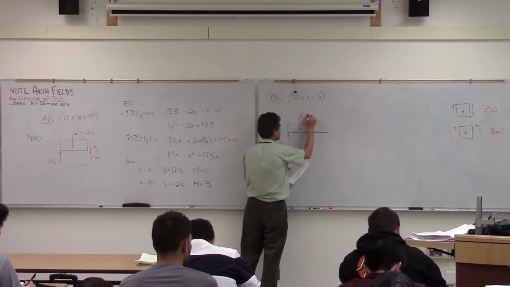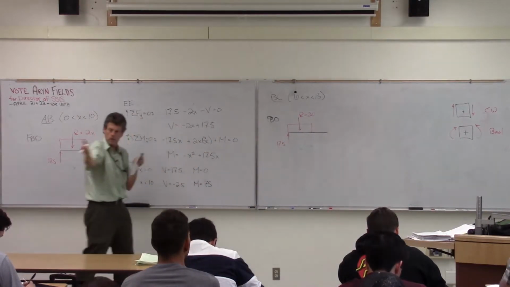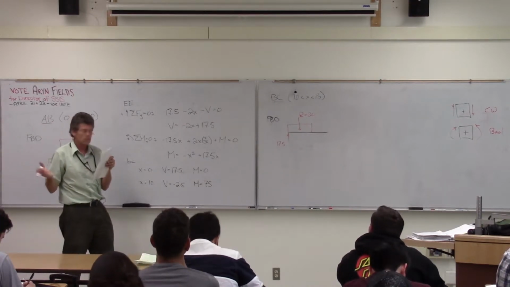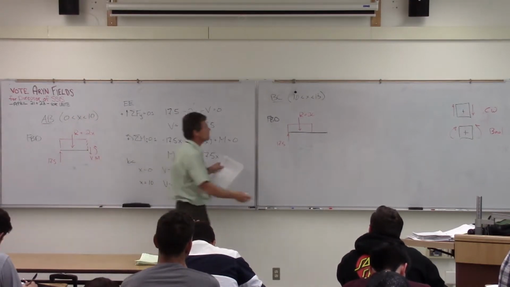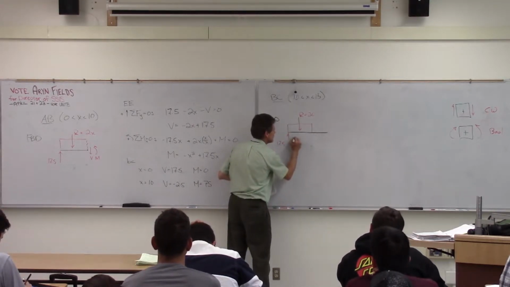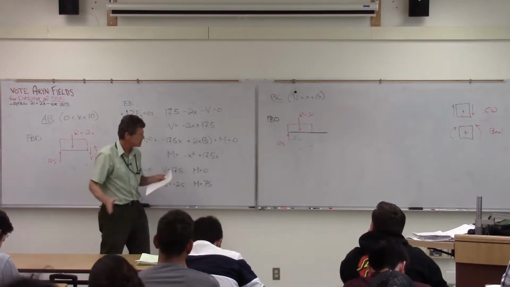That is equal to 20, right? So I've gone past that uniform load there, so R doesn't change anymore. The equivalent load is going to be now 20, and it will be acting at 5 feet. So that doesn't change anymore.